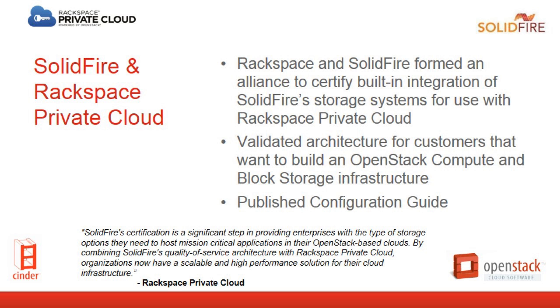So anyone who's deploying Cinder should follow the best practices that are laid out, either by the Rackspace team if you're using Rackspace Private Cloud, or if you're using an enterprise storage array from SolidFire, then you should follow the best practices that are coming out of SolidFire.